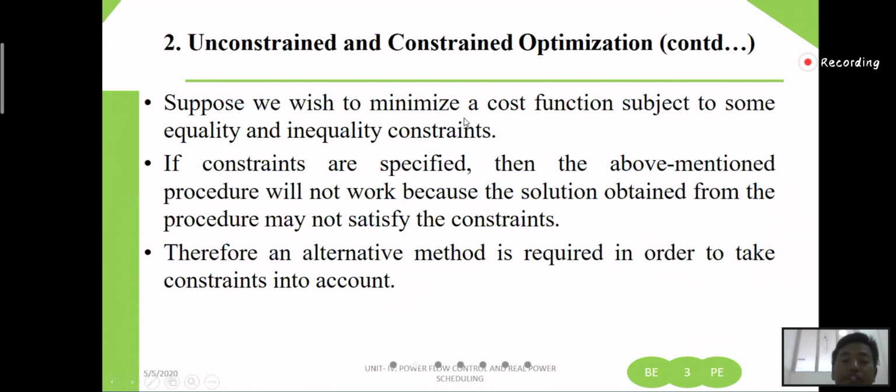Okay, so suppose we wish to minimize a cost function subject to some equality and inequality constraints. You know what an equality constraint is and what an inequality constraint is.